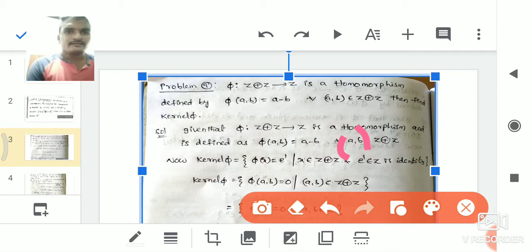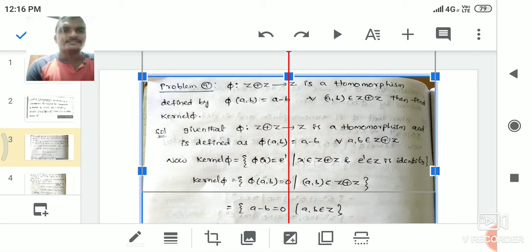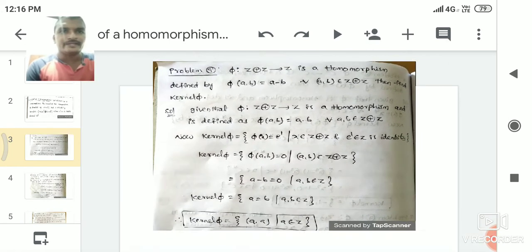That is, phi of (a, b) is equal to 0. But phi of (a, b) is defined by a minus b. From that we get a minus b is equal to 0, so a is equal to b.